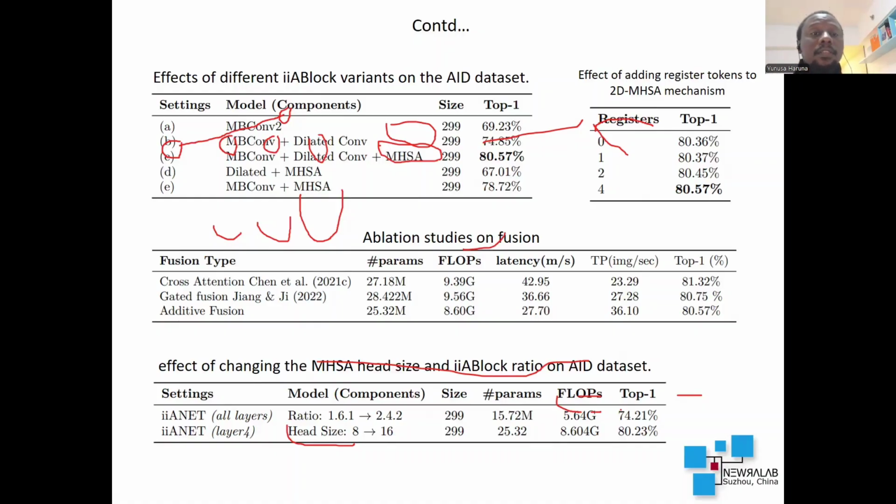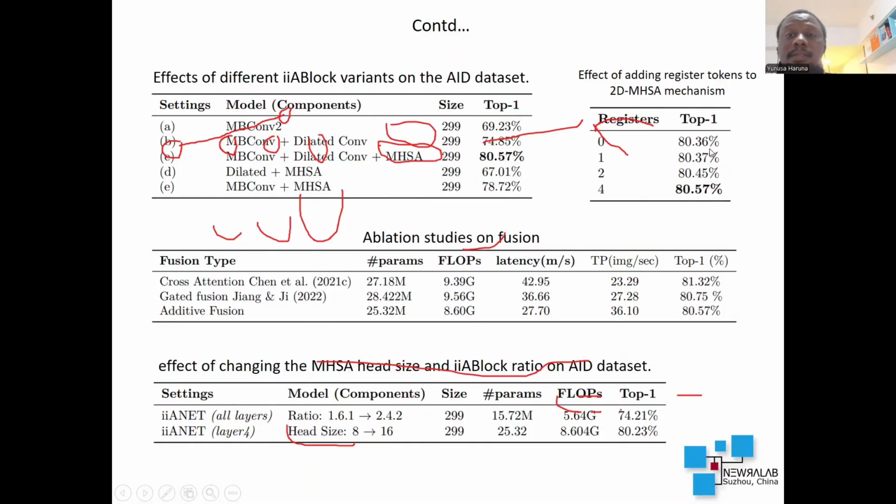We made all the blocks purely MBConv, which is the inverted bottleneck, and also used inverted bottlenecks with dilated convolutions. You can see how the results go up and down. This is the optimal combination when we combine the three components together, and we achieved 80.57 top-1 accuracy.